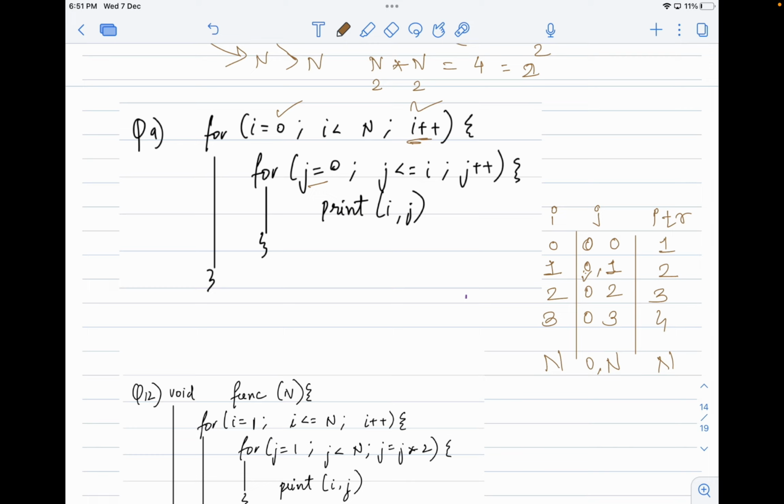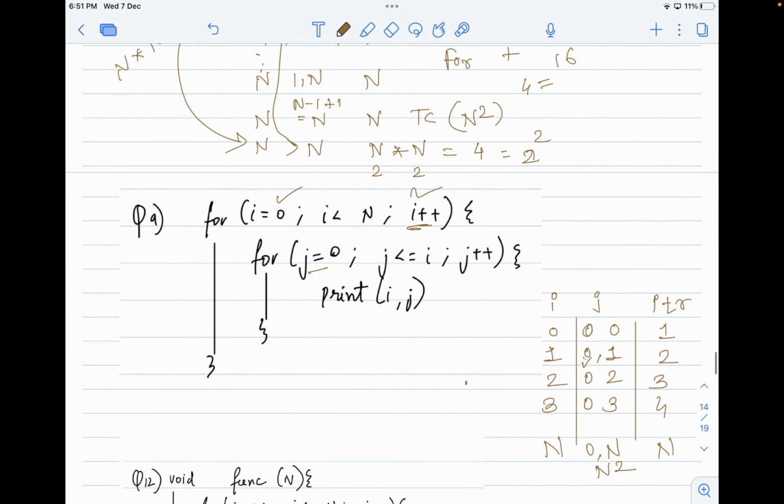So now just tell me, if it is n, again n into n, what is n into n? N square. Got it? So in this case, if it had a 10, then I will take 10 and this will travel till n, so 10n will be the time complexity.